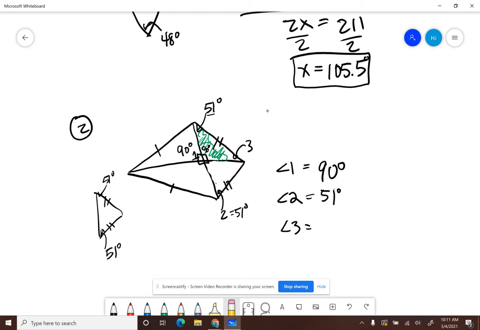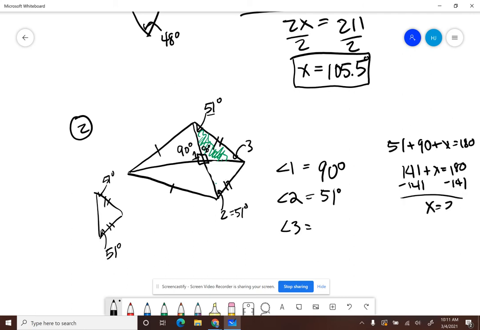So I have 51 plus 90 plus something, I don't know what it is, and it has to equal 180 degrees. If we do this math, we get 141 plus x equals 180. Subtract 141 from both sides, and I figure out that the angle I'm looking for is actually 39 degrees.